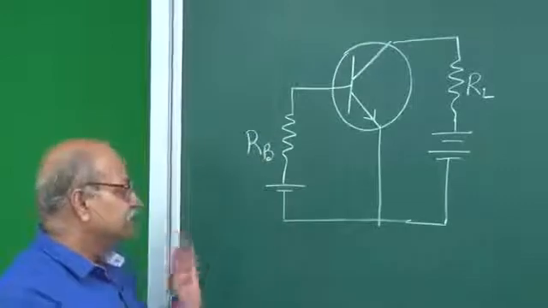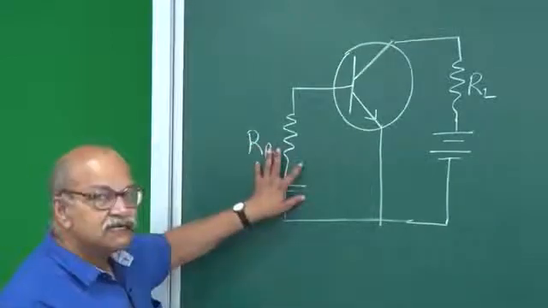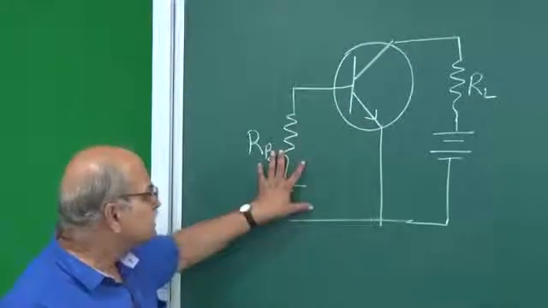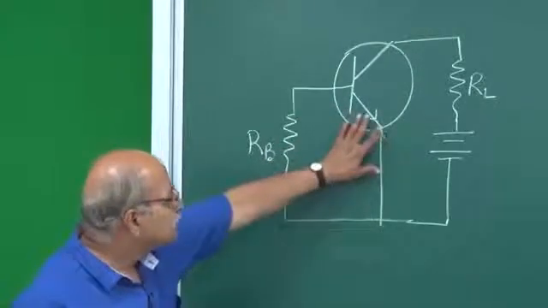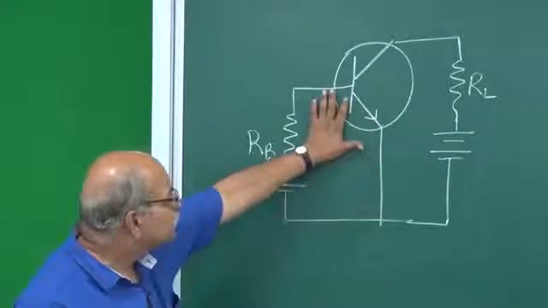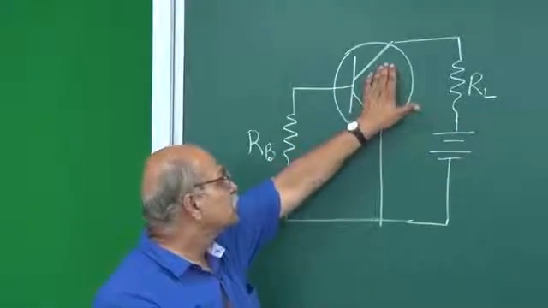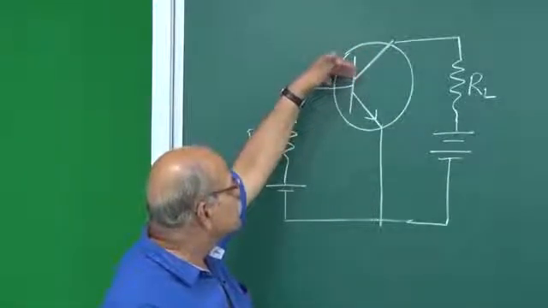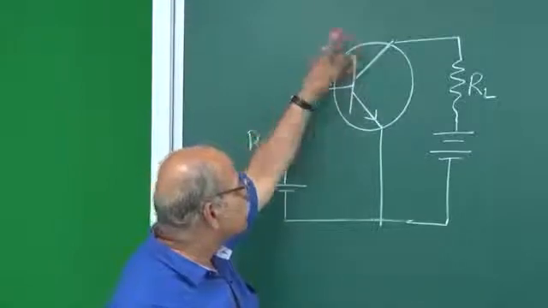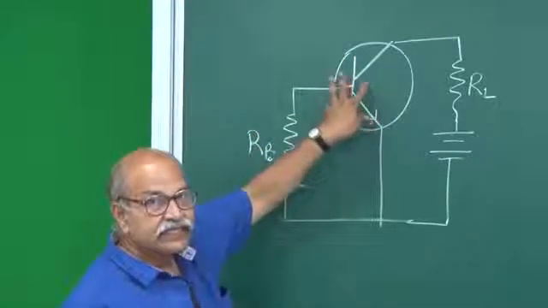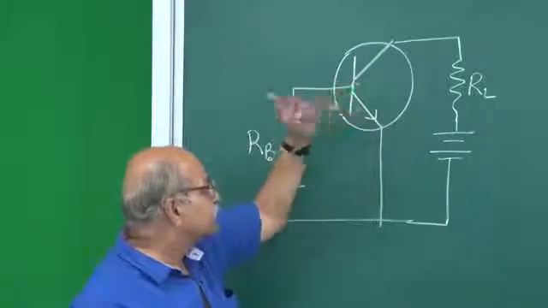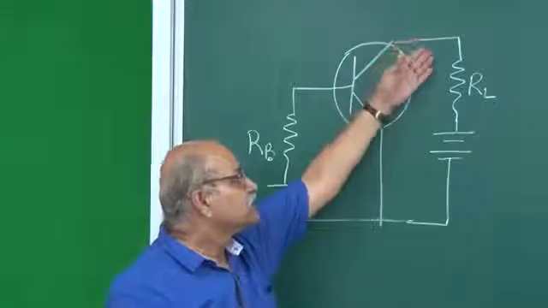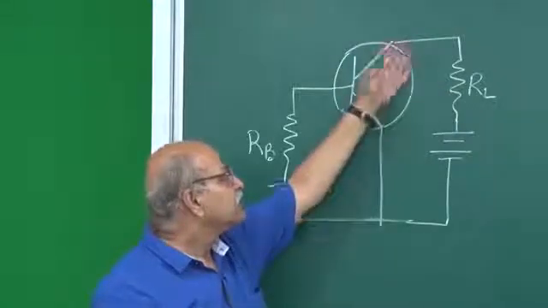Then we have active region. If you have sufficiently forward biased base circuit, this base emitter junction is sufficiently forward biased, there are a lot of electrons which are injected from here to here, and the collector is also sufficiently reversed bias. This collector base junction is also sufficiently reversed bias, so that when the electrons are injected, a good fraction of that decided by beta, that much is taken up by this circuit, and then you have a current.